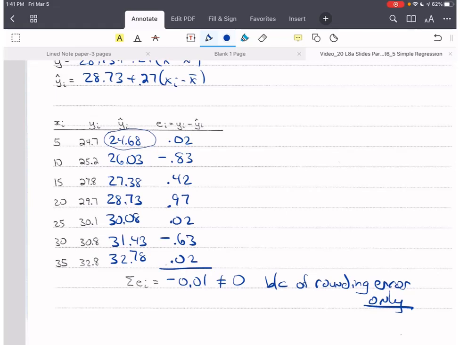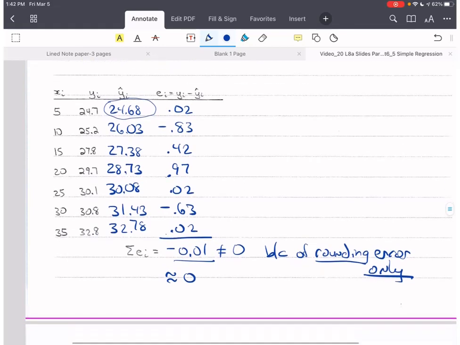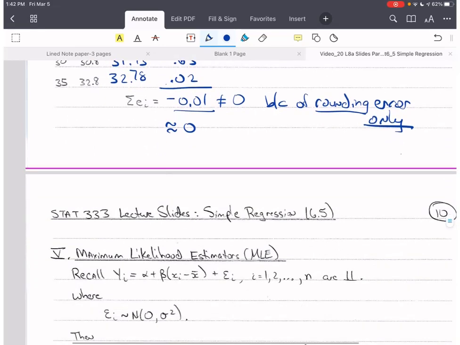But due to rounding error, we didn't come out exactly that, but it is very, very close to 0, isn't it? Okay. And so again, if you did these calculations precisely, you would always get 0. It can't help but be that. So again, the only error there is just in our rounding to 2 decimal places instead of 3 or 4 or whatever we needed.